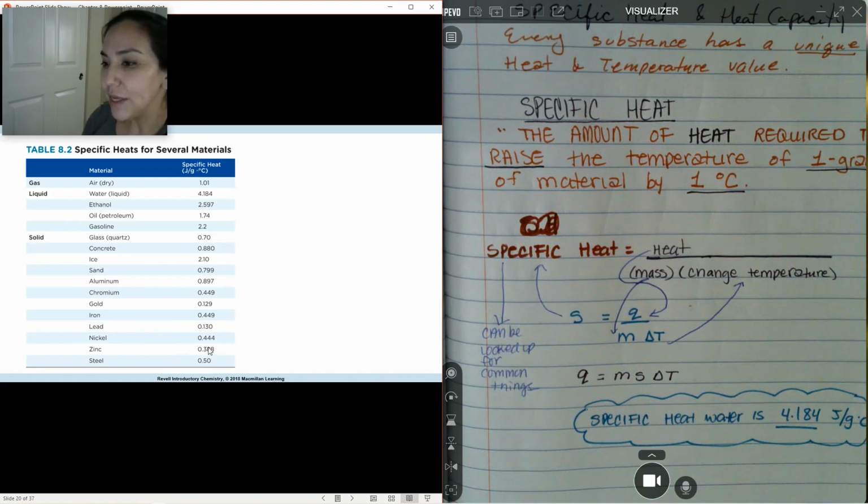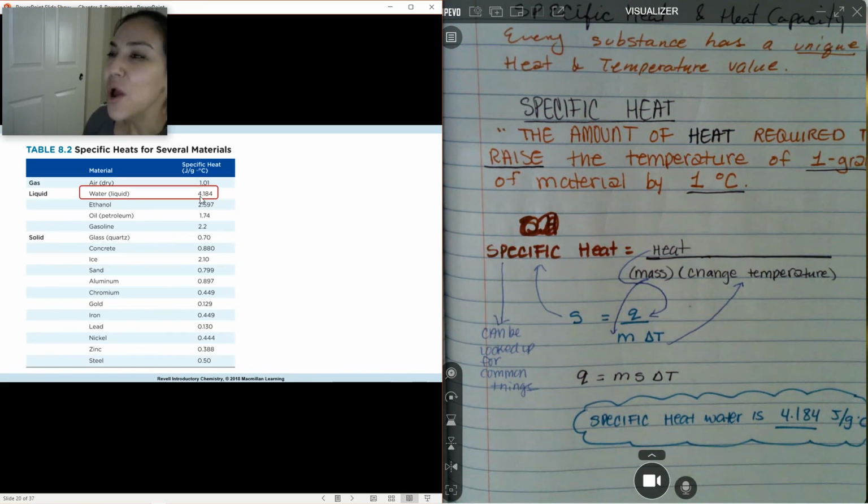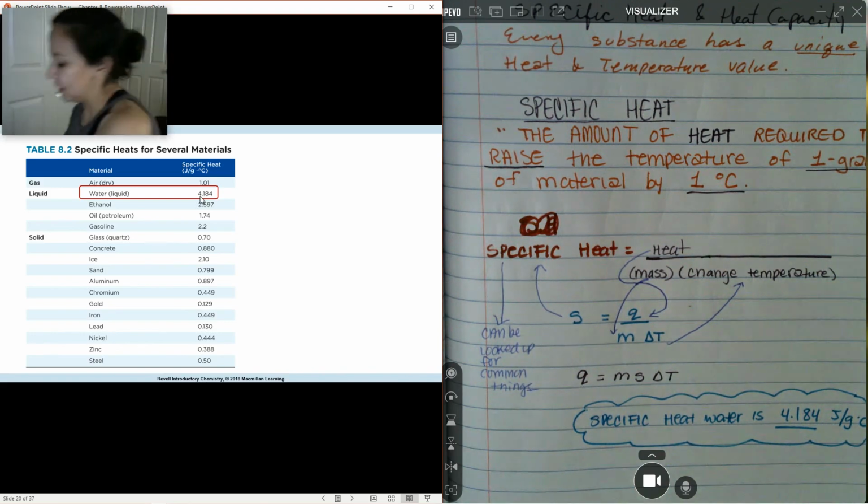If you notice, nothing else has a comparable value to the specific heat of water. Ethanol, which is alcohol, slightly, but still doesn't have that same specific heat of water. That means that water has a high ability to retain heat.